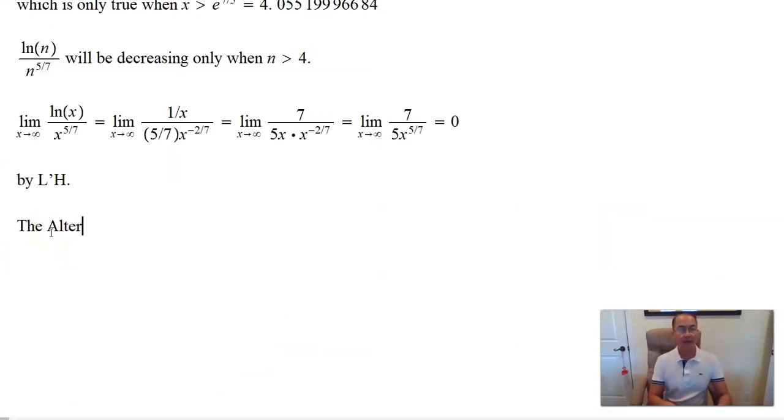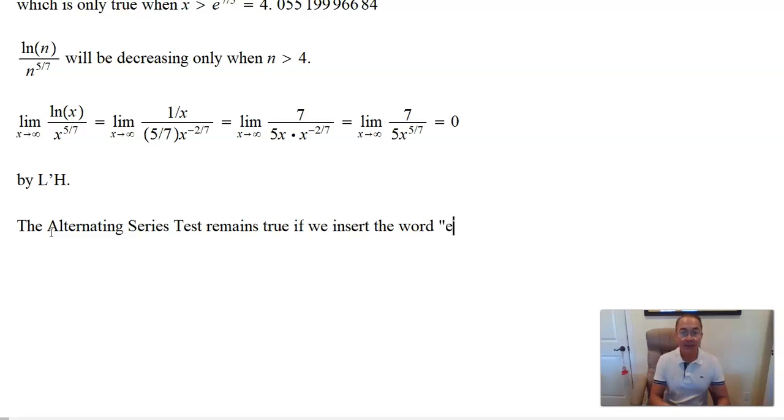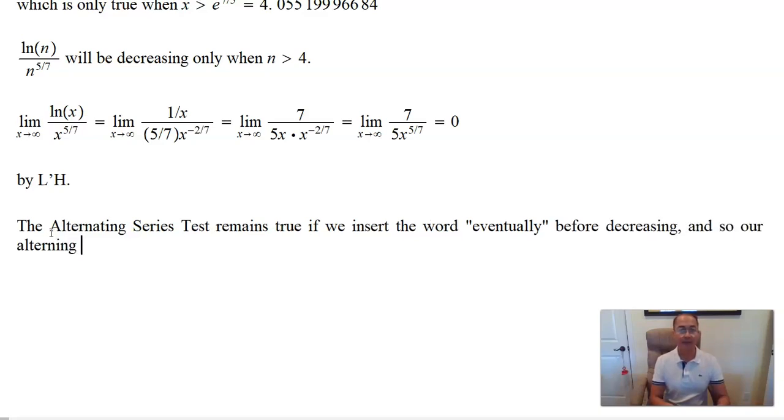All right, so the alternating series test remains true if we insert the word eventually. There you go, eventually before decreasing. And so our alternating series converges by the AST.